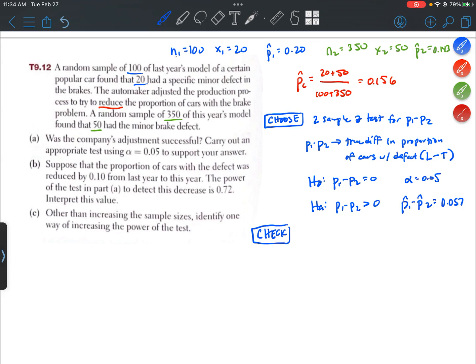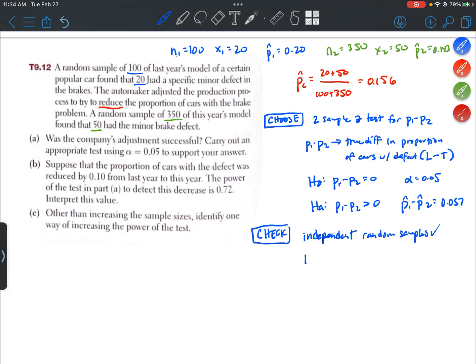Okay, so we have random samples. Yes, so we see the word random right here and random right there, and they were taken independent of each other. I mean, happened in different years. So we can say independent random samples. Check. All right.